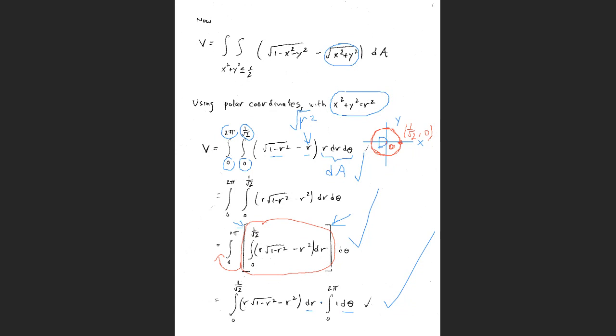Well, okay, Ryan's right, there's no theta variable in this inner integral. That's true. And okay, so then why was I able to pull the integral out? Well, this inner integral is going to be equal to a what?